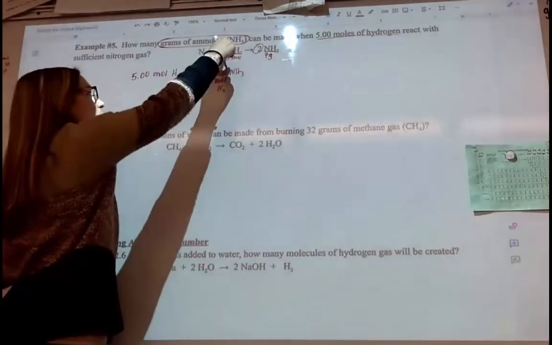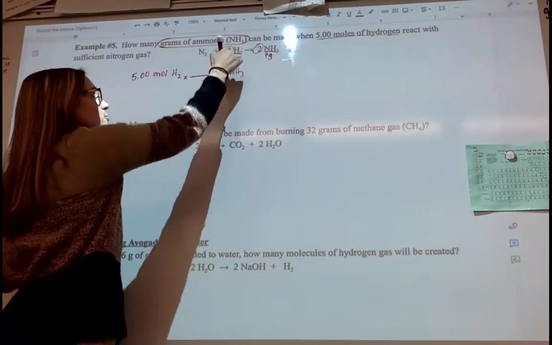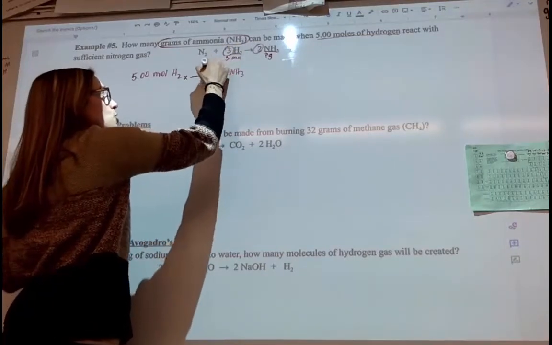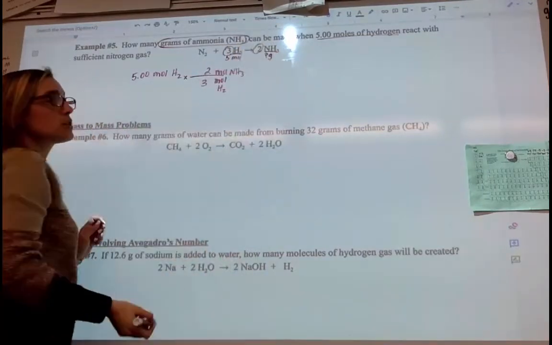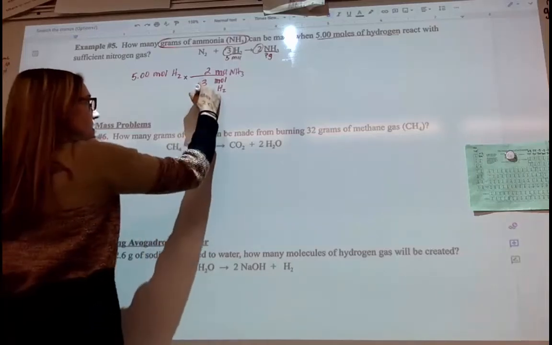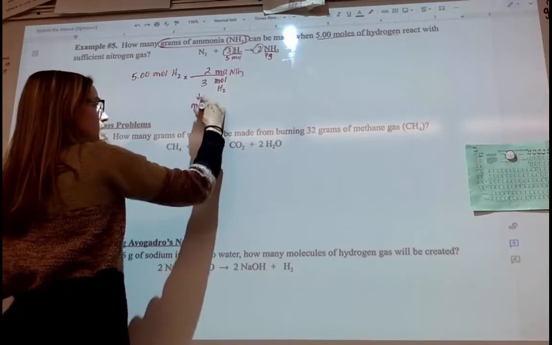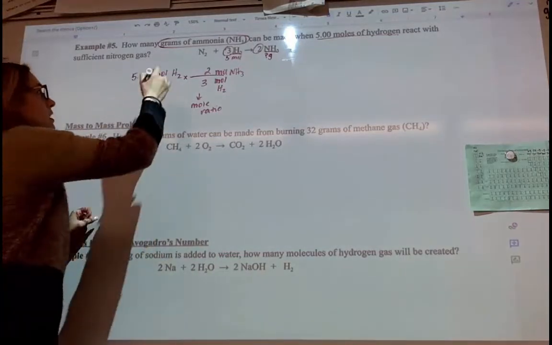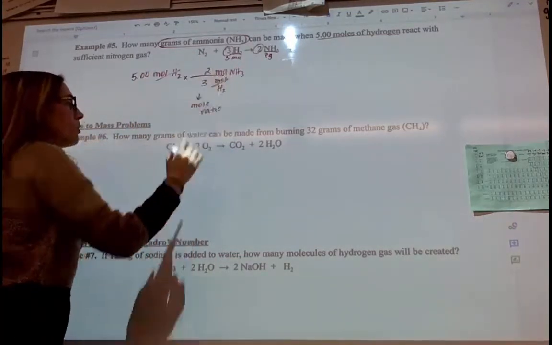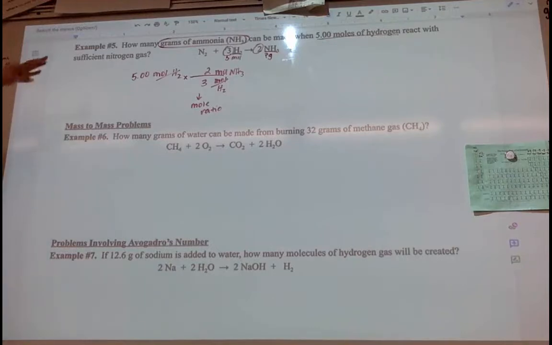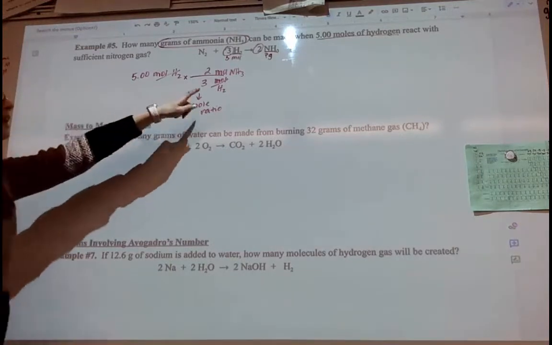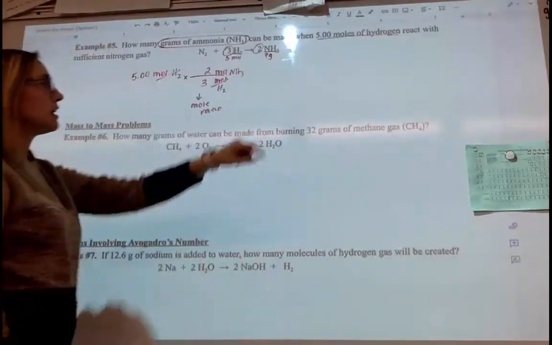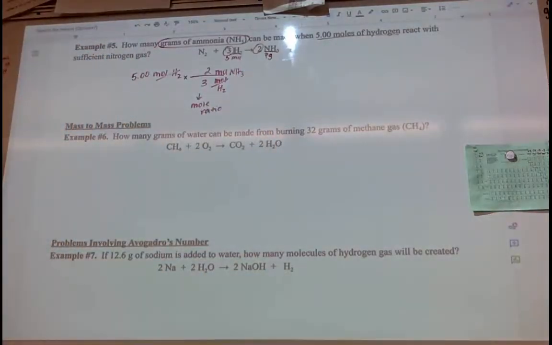So this tells us for every 3 moles of H2 that react, 2 moles of NH3 are produced. This is the mole ratio. It lets us go between substances. That's the only way we can convert between substances. So notice how moles of H2 cancels because it's on the top and then the bottom. Now we're at moles of NH3. This is why I like putting it directly underneath what we're trying to find.